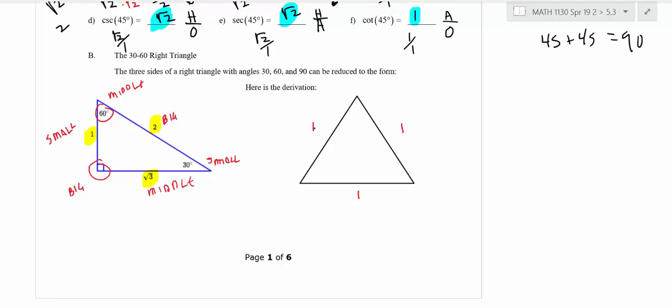Okay. And what happens is all of the angles are equal. So if you take 180 divided by 3, you get 60 degrees. So we end up getting three 60-degree angles in an equilateral triangle. And then I'm just calling the sides 1. I can call the sides anything I want to, actually.